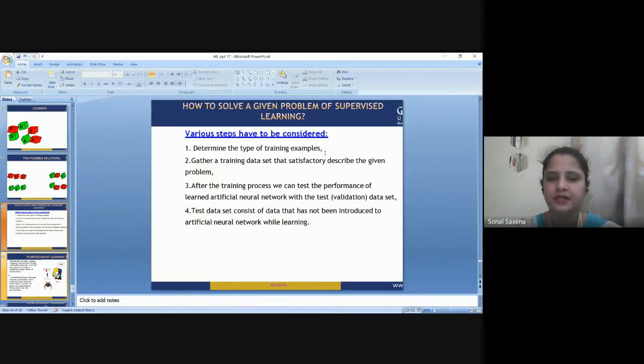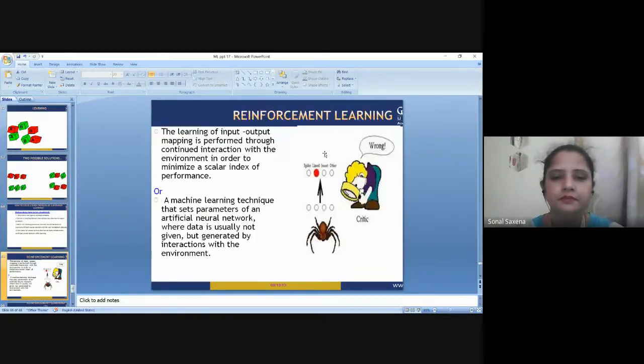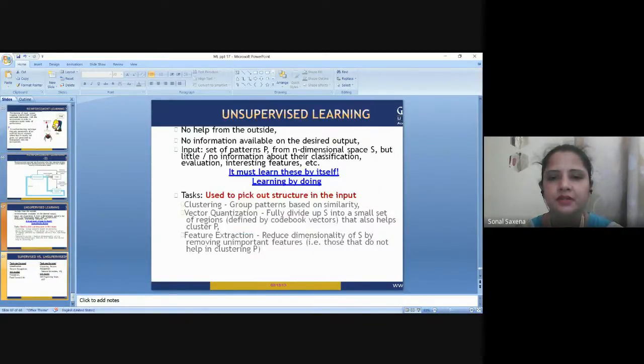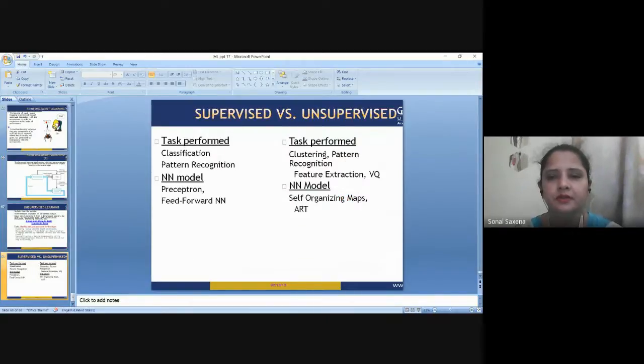The test data set consists of data that has not been introduced to the artificial neural network while learning. We have already seen these learnings, unsupervised and supervised learning.